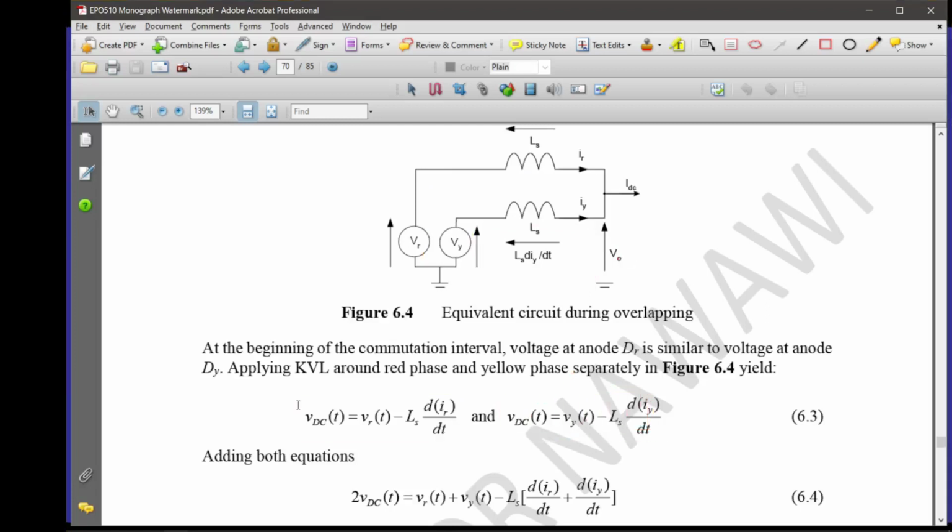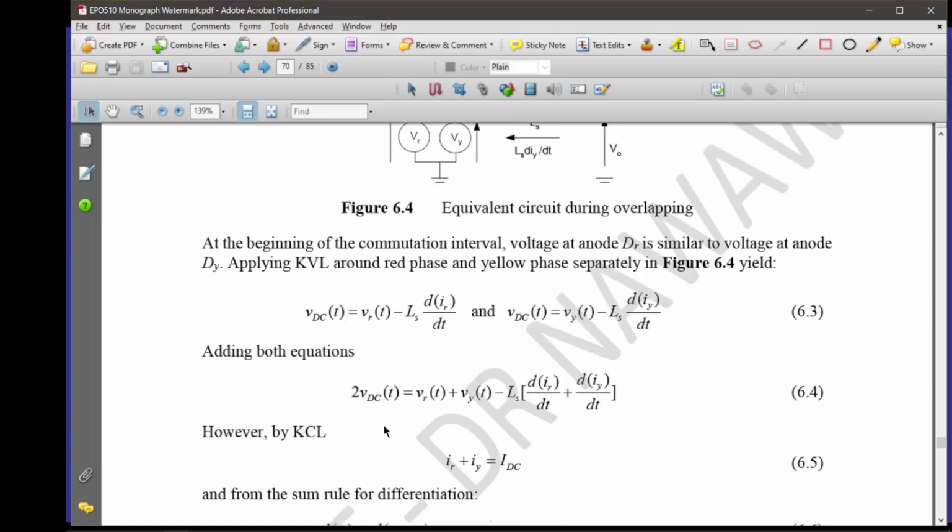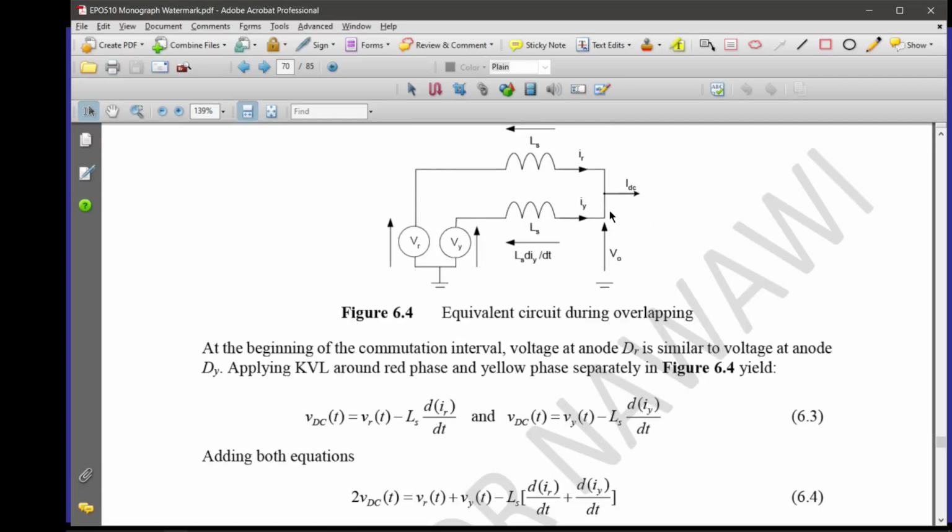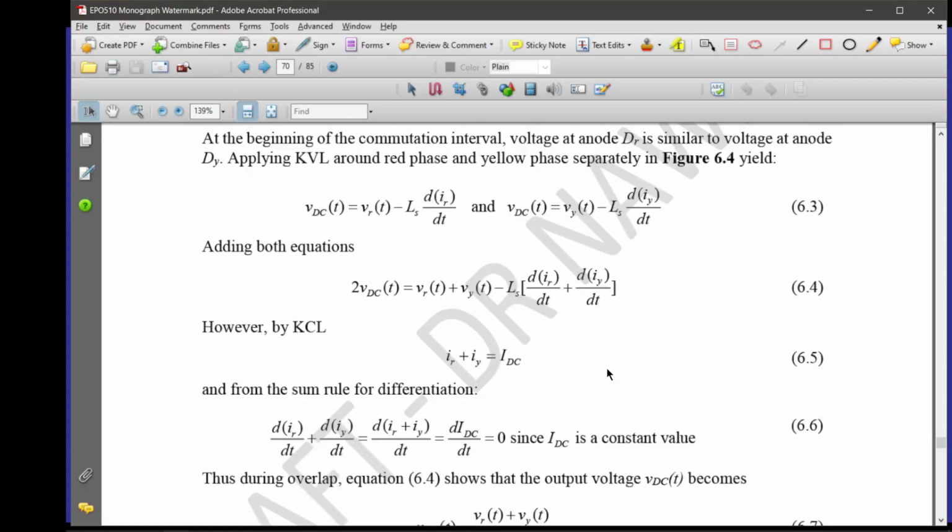You add both equations and that gives you 2VDC equals VR plus Vy. However, by KCL, Kirchhoff's current law, IR plus Iy equals IDC.